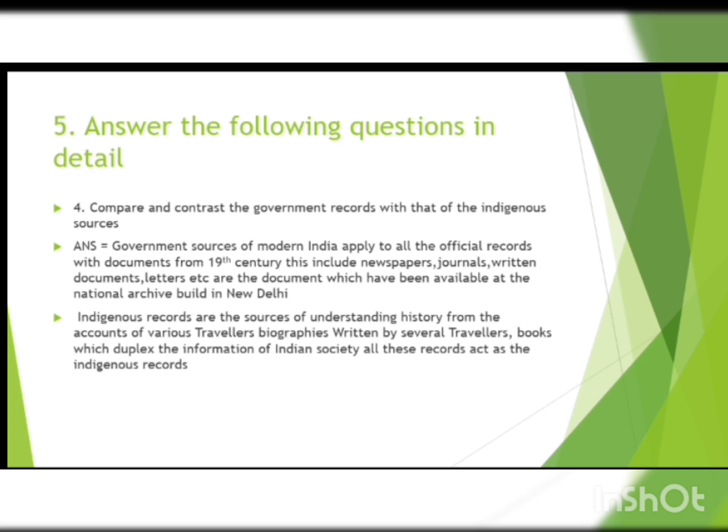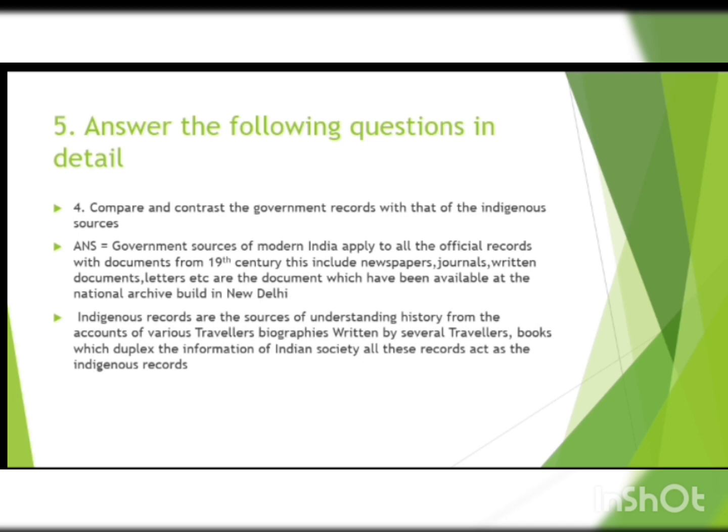Question number 4. Compare and contrast the government records with the indigenous record sources. Answer, government sources of modern India apply to all official records and documents from the 19th century. These include newspapers, journals, written documents, letters, etc., which are available at the National Archives built in New Delhi.